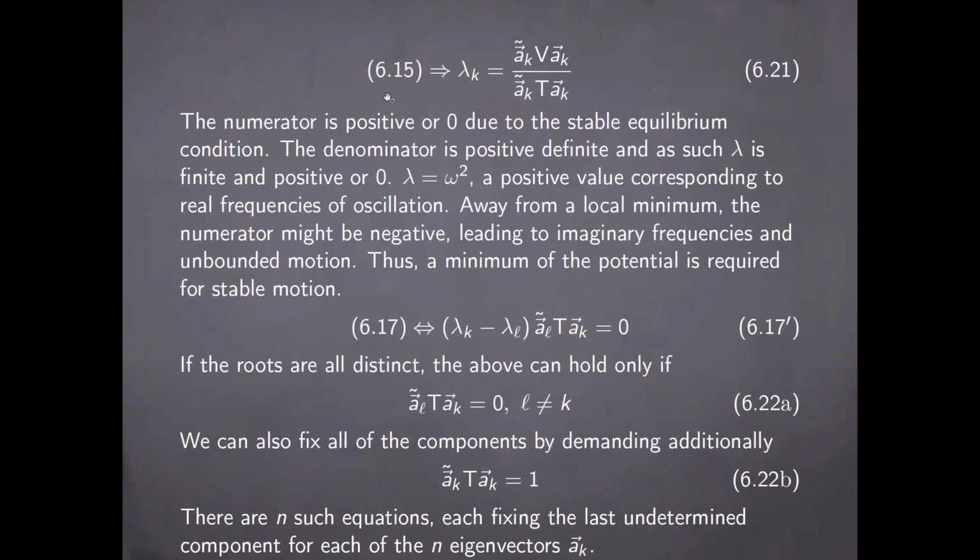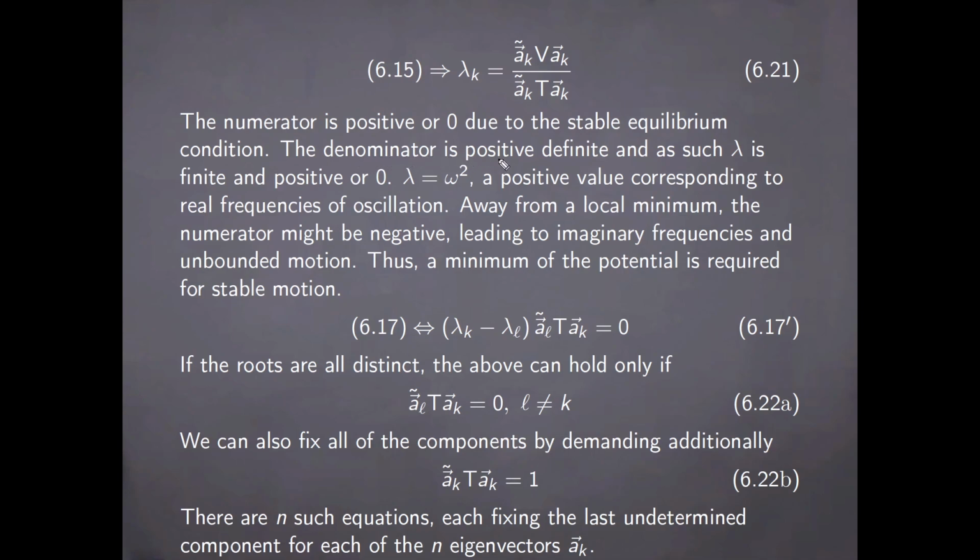Going further, we can solve 615 for the eigenvalue in order to find lambda of index k as the ratio of these two contractions. And now the numerator is either positive or 0 due to the requirement that we are studying physics for systems close to stable equilibrium.